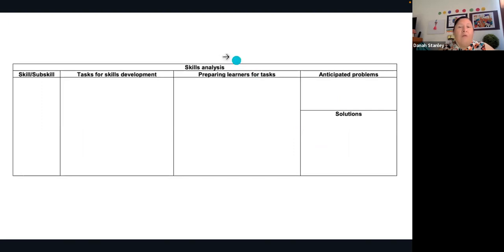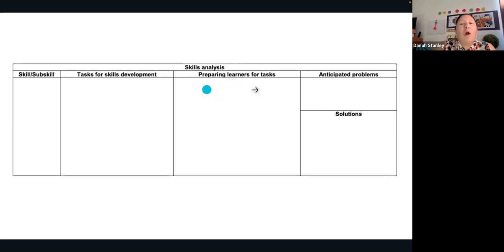Then, for example, if you are going to carry out an activity where you are going to develop a skill, you say listening for gist. Task for skill development: students will listen to a conversation, and students will explain in their own words the general idea.